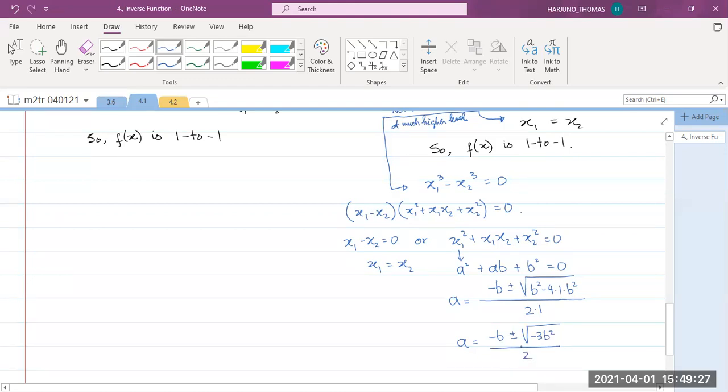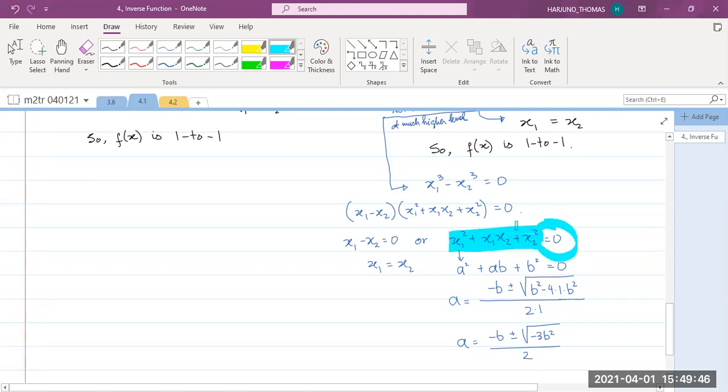So do we have x2 different from x1, but when you plug that x2 and x1, the result is 0?